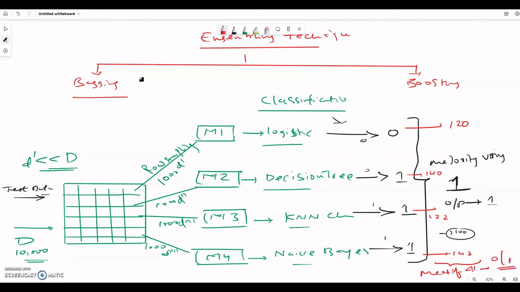Very simple. This is also called bootstrap aggregation, or bootstrap aggregating, right?